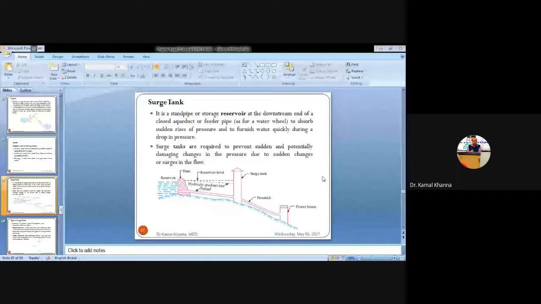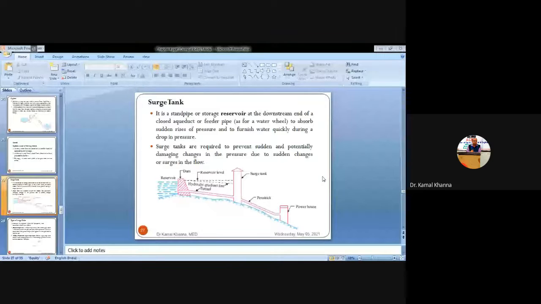So if we don't install a tank, that is named a surge tank, to avoid water hammering when the water is being transported from the dam to the powerhouse, then water hammering may take place on the inner surface of the pipe.